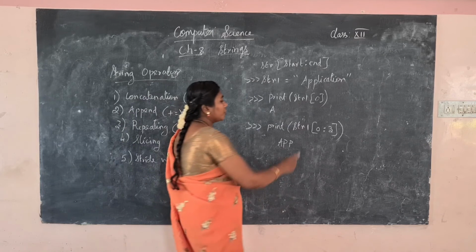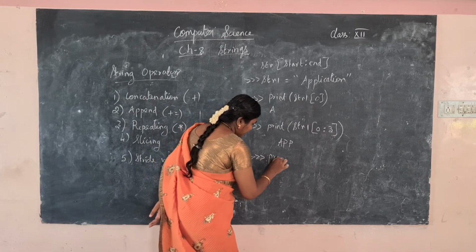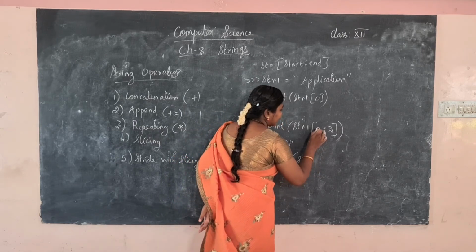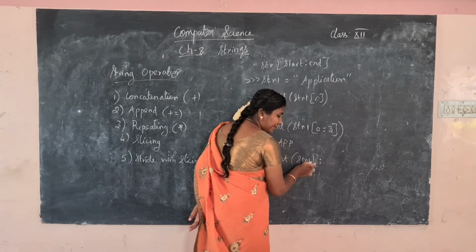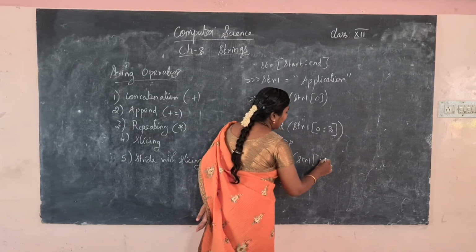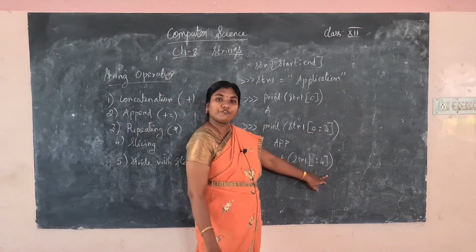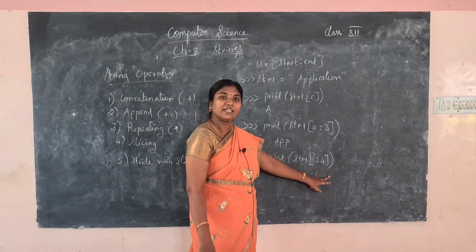I have given 0 to 3. In case, suppose print string 1 of, I don't give the beginning, I leave an empty space, then a colon, and again I give 4. So print string 1 of :4. I haven't given the start, only the end value.